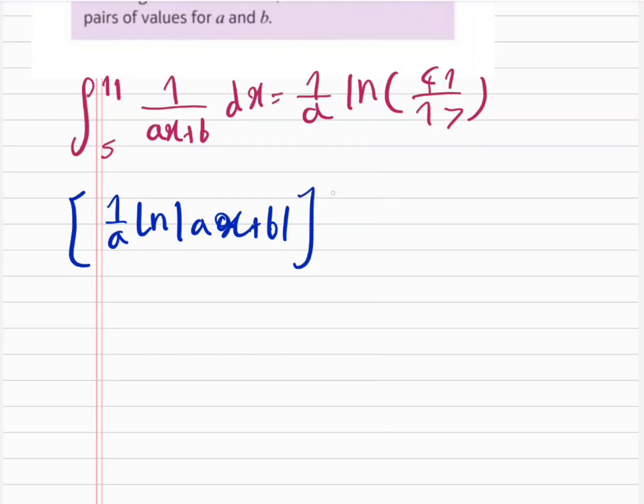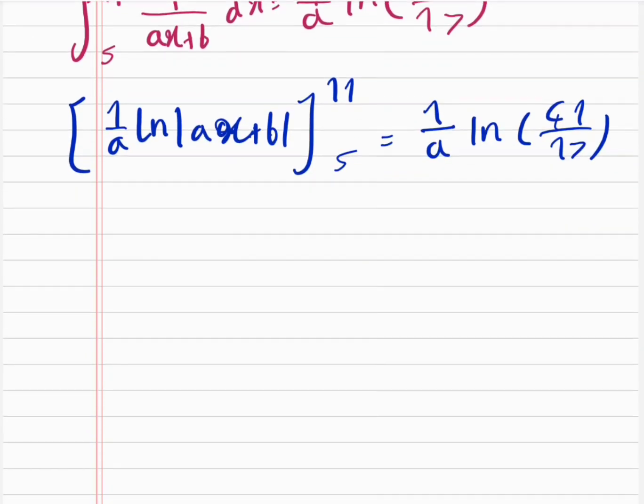Now the limits are 11 and 5. On the right hand side, we have 1 over a ln(41/17). At this point, we can just substitute the values.